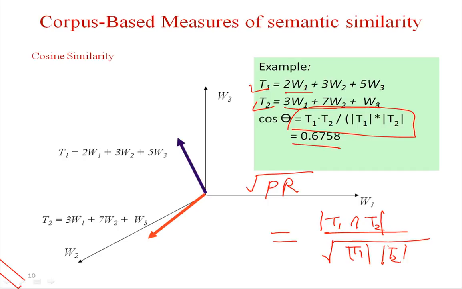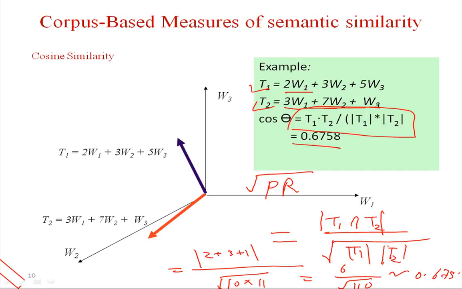So this is divided by the cardinality of T1 into the cardinality of T2, and the result will be equal to 0.6758.